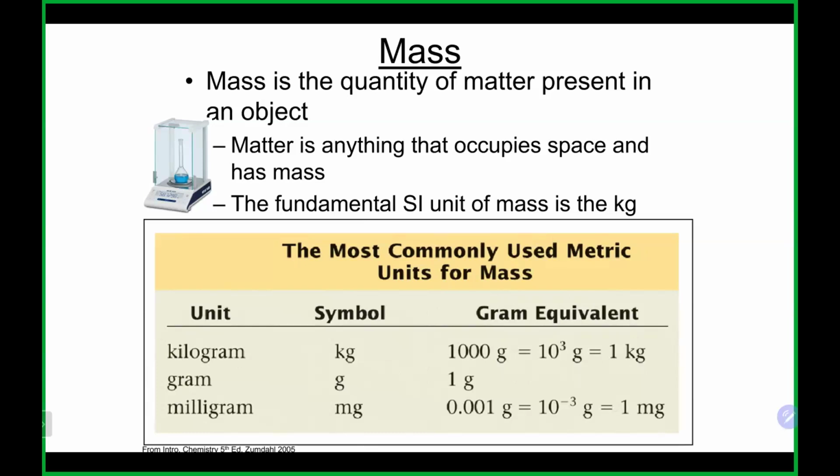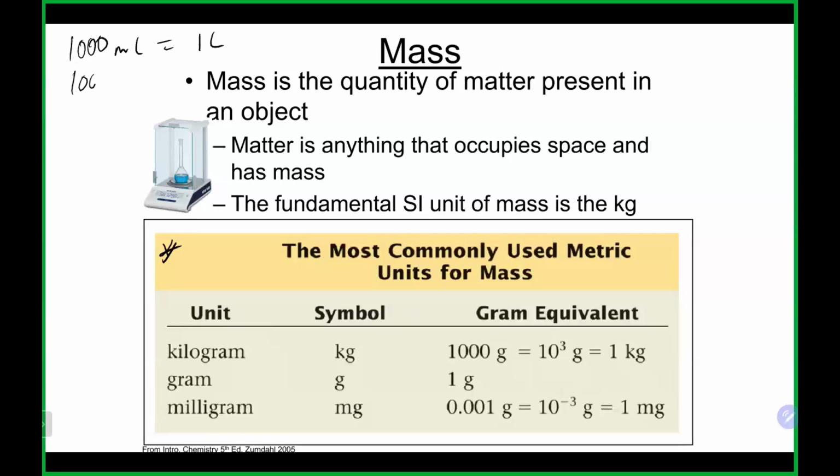Things in chemistry in grams and milligrams. So I would say this chart right here, also from your book, is three very common mass measurements and conversions that we use a lot. There's 1,000 grams in a kilogram, and there's also, by the way, 1,000 milligrams in a gram. Just like we saw on the previous slide, there's 1,000 milliliters in 1 liter.